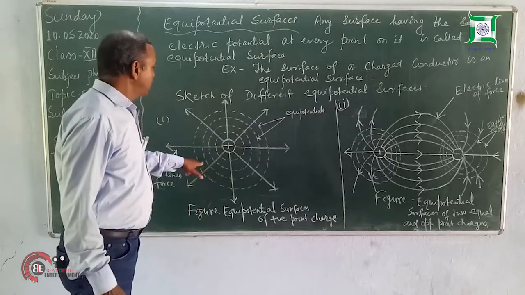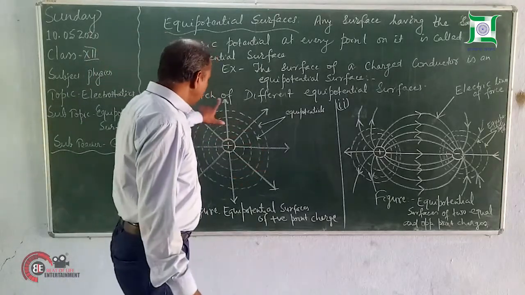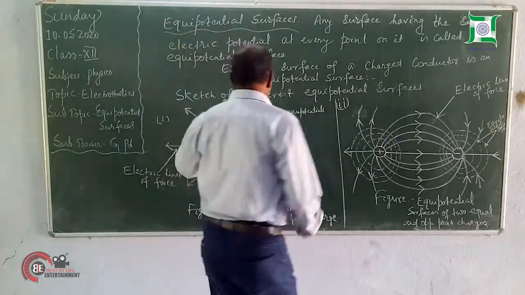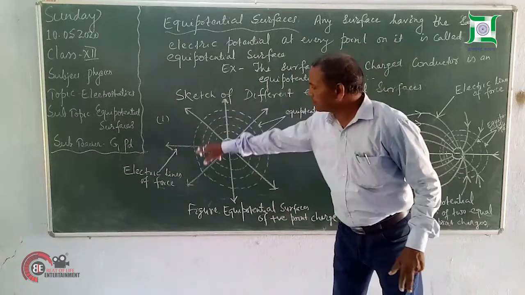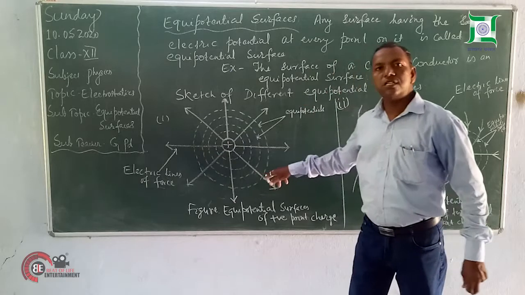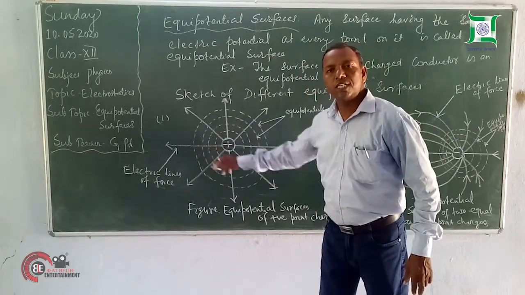represent the electric lines of force, whereas these curved lines, ये क्या represent कर रहा है? These curved concentric lines represent the equipotential surfaces.